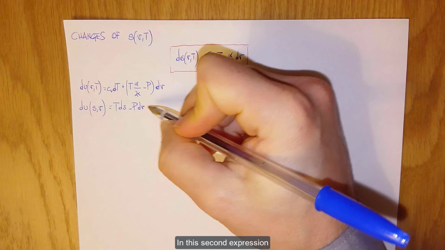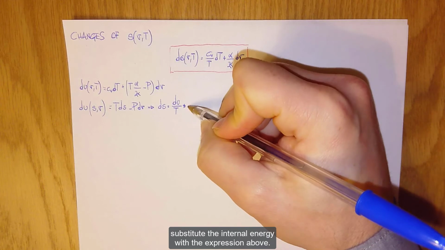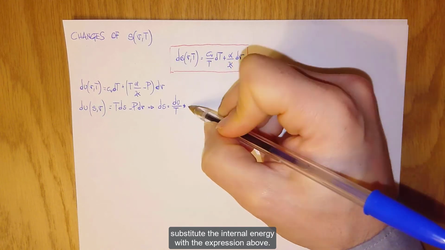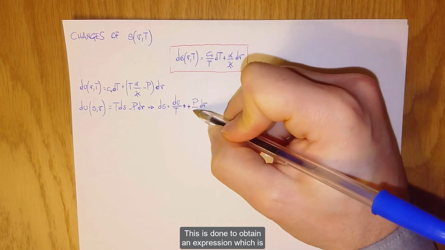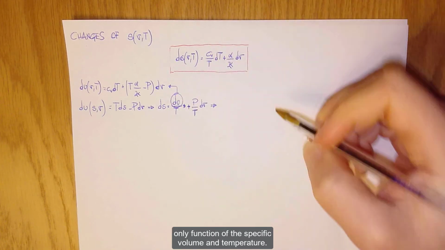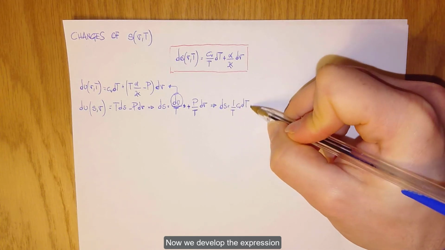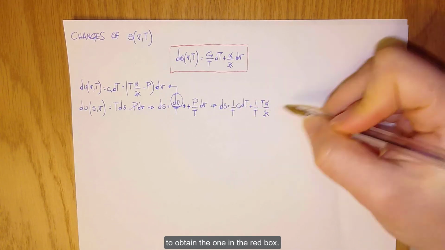In this second expression, we explicit the entropy change and substitute the internal energy with the expression above. This is done to obtain an expression which is only a function of the specific volume and temperature. Now we develop the expression to obtain the one in the red box.